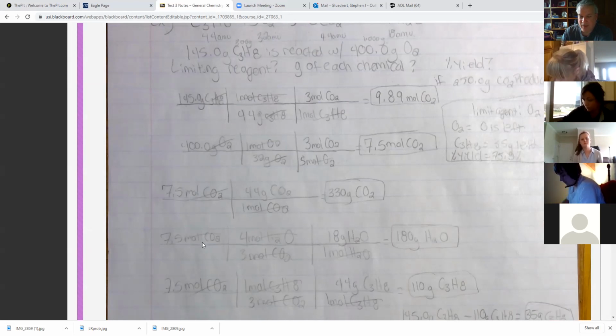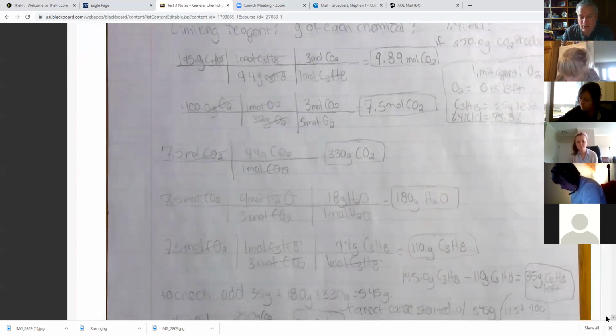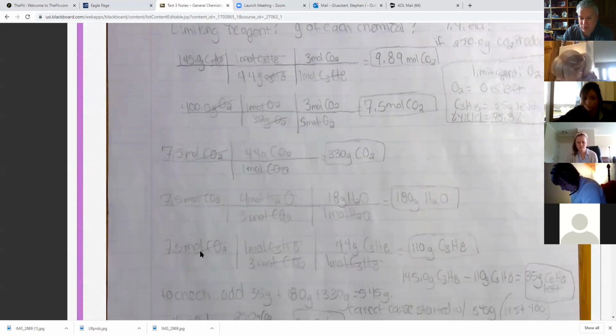In getting 7.5 moles of CO2, you use the mole ratio to figure out how many moles of water you get. And then from moles of water, convert to grams of water. And that's what I happen to get for that. And then from moles of CO2, relate to moles of C3H8. Remember, C3H8 is a reactant, it's going away.